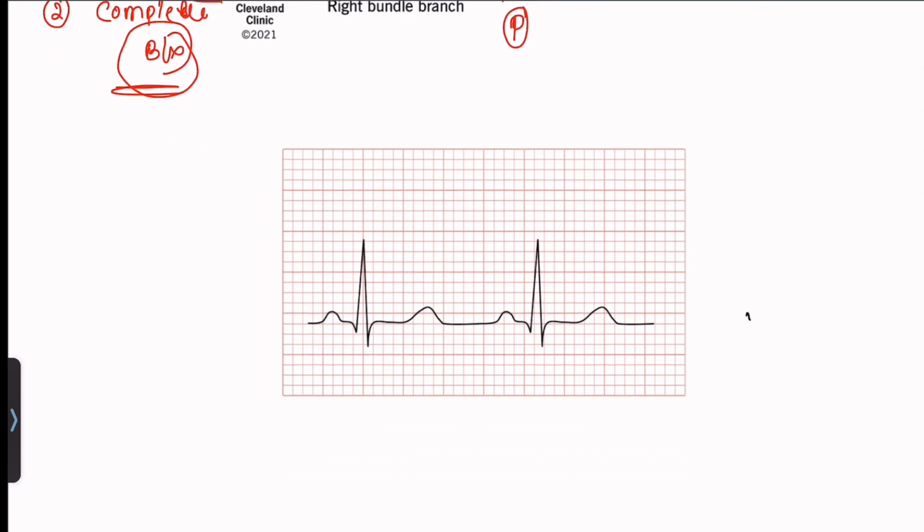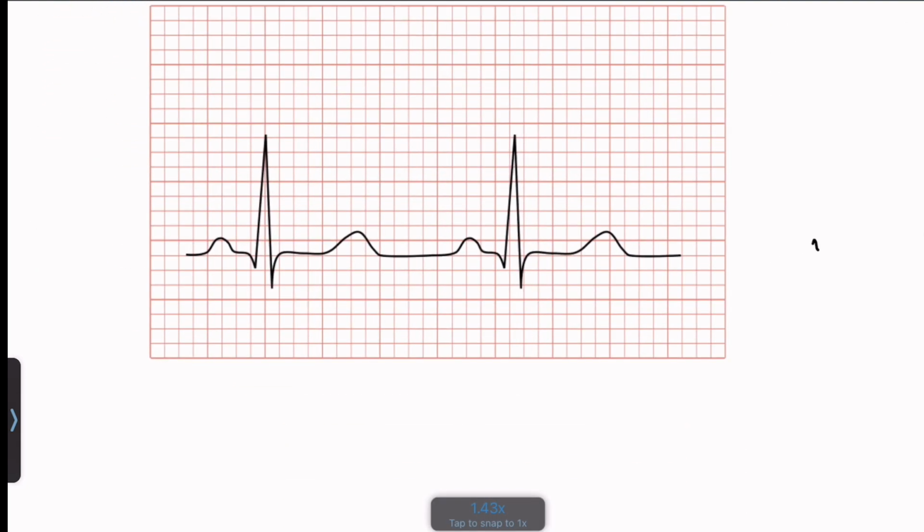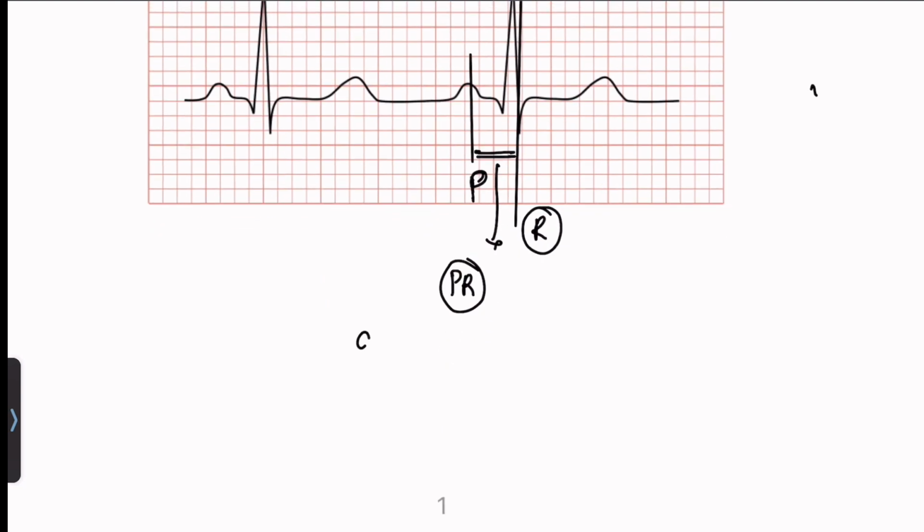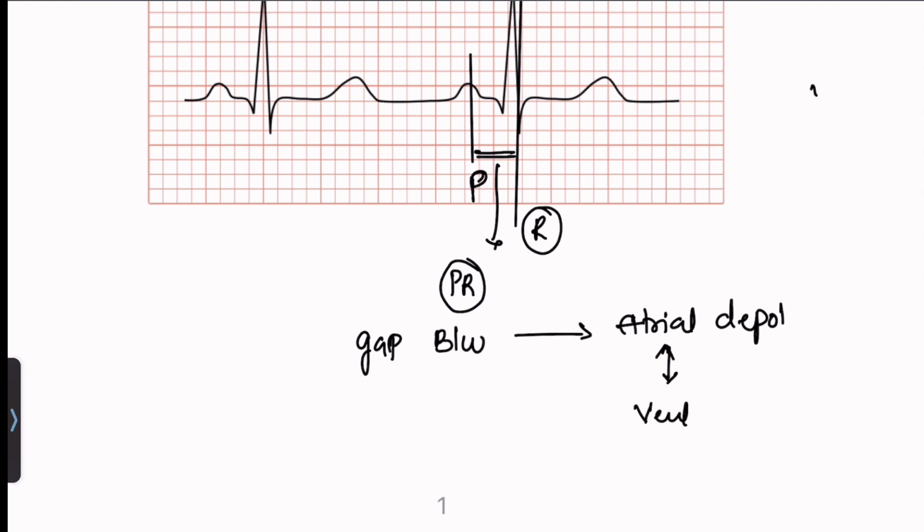In ECG, if you see the PR interval, this is the P wave, this is the R wave. So the PR interval represents the duration, the gap between atrial depolarization and ventricular depolarization, that is the gap between the atrial contraction and ventricular contraction.